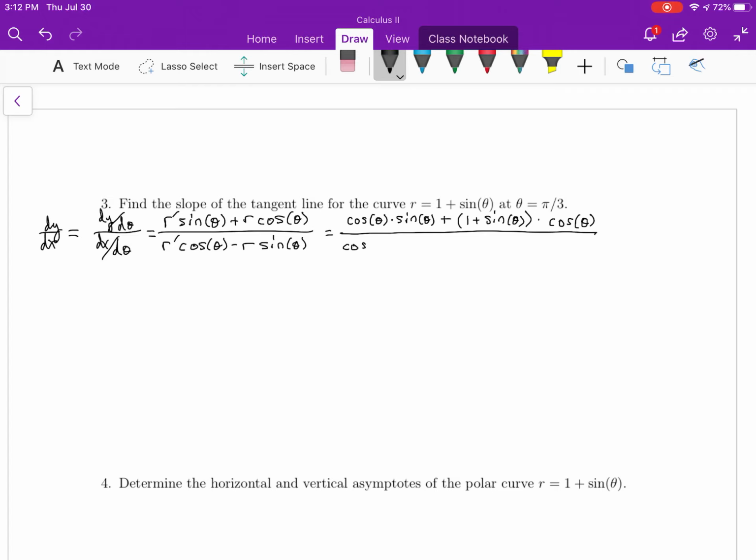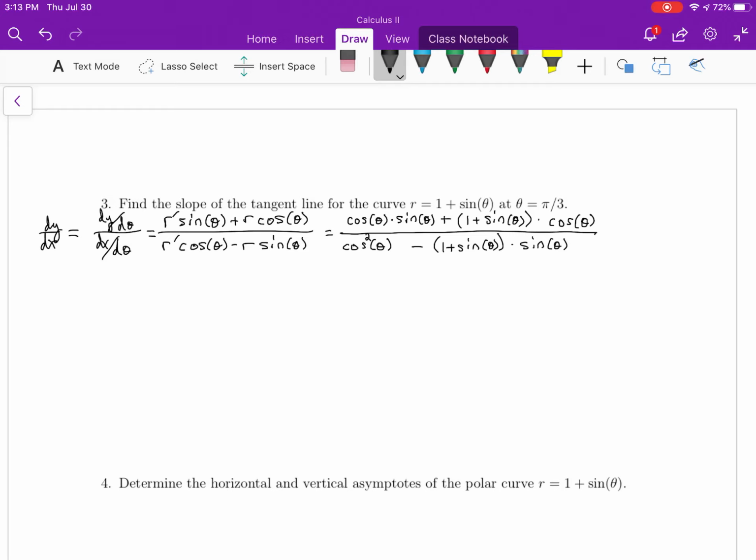And filling in the bottom, again, r prime is cosine of theta, and that's multiplied by cosine of theta, so that is cosine squared, minus 1 plus sine of theta for r, times sine of theta.